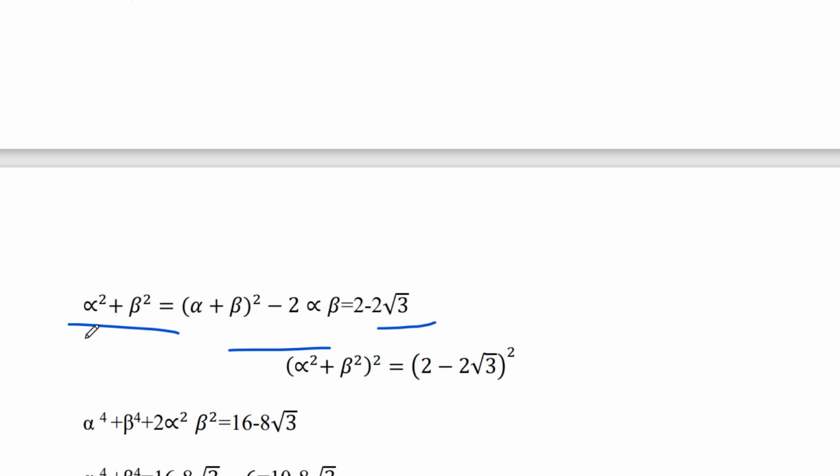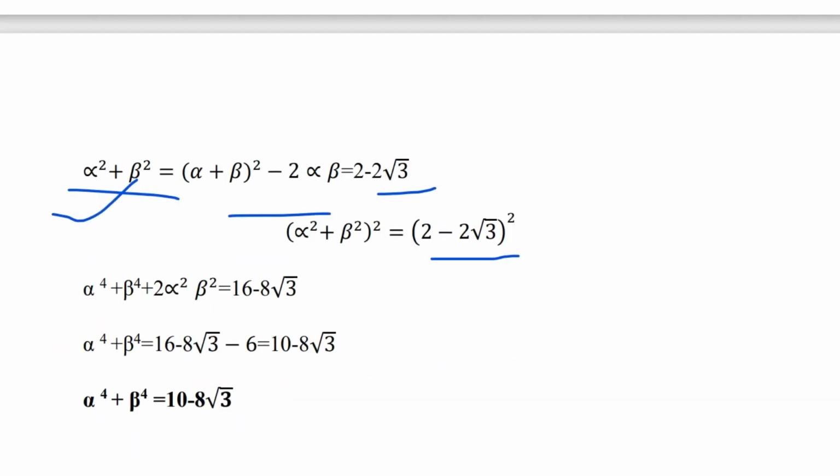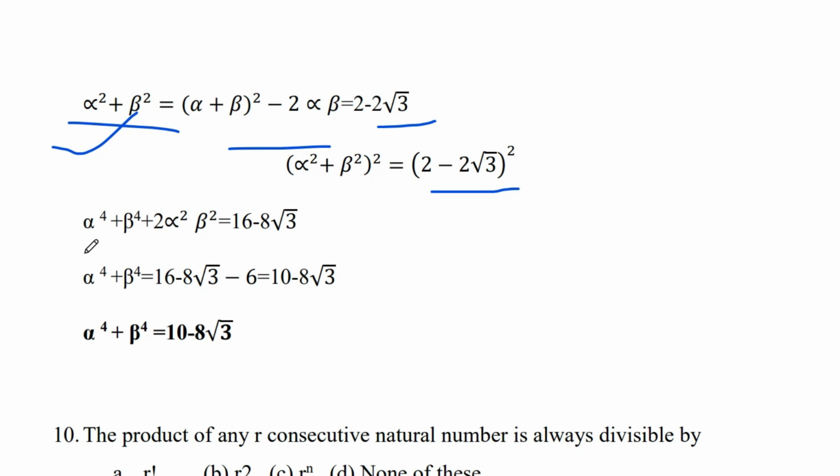Further calculate the square of this: alpha square plus beta square, this whole square, will be 2 minus 2 root 3, this whole square, which can be further written as alpha raised to the power 4 plus beta raised to the power 4 plus 2 alpha square beta square. It will be 16 minus 8 root 3.